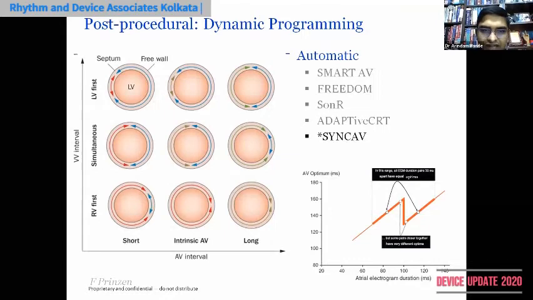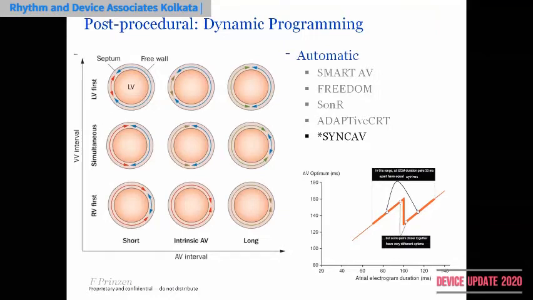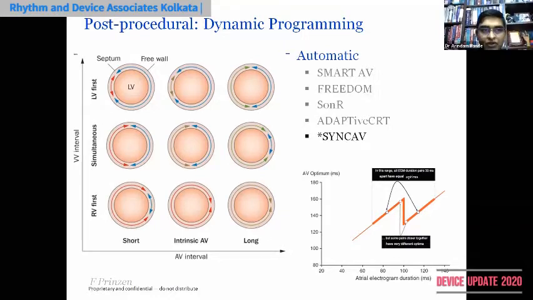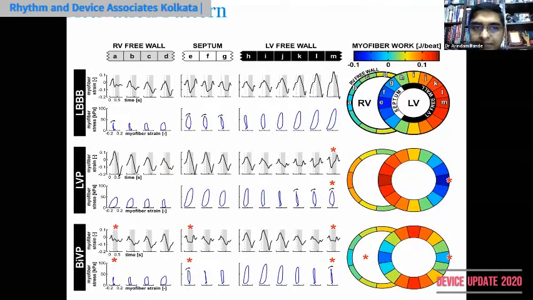What they understood is that we cannot have a fixed AV interval for all patients, because the AV interval varies and depends on multiple factors. So all these modern algorithms have a changing AV interval depending upon multiple factors.